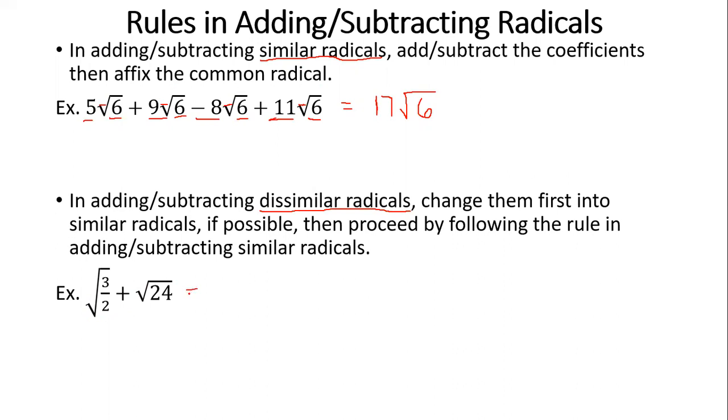So, kailangan po talaga pareho yung radical at saka pareho yung index. Now, let's proceed. Kung papansinin niyo po, fraction po yan, itong first na term natin. Fraction po. So, we could actually simplify that.